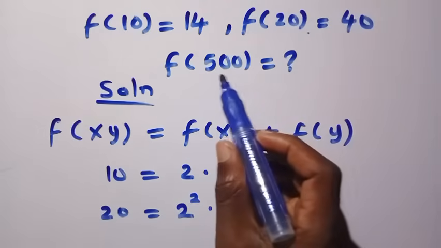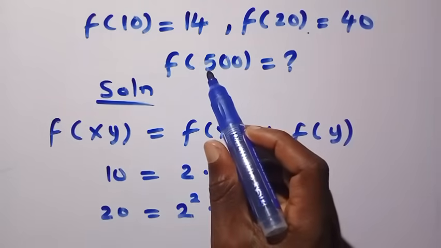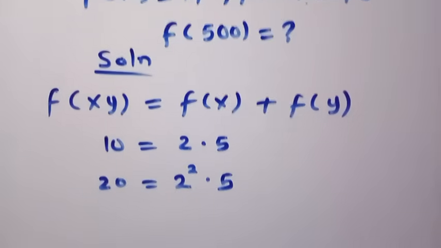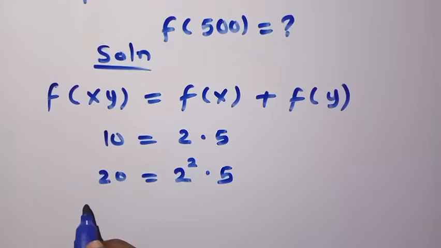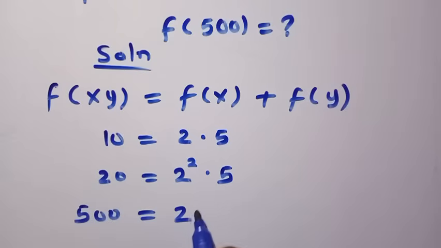And the one we are asked to find here is 500, which can be written as 2 raised to the power of 2 multiplied by 5 raised to the power of 3. This is 500. So let's start.